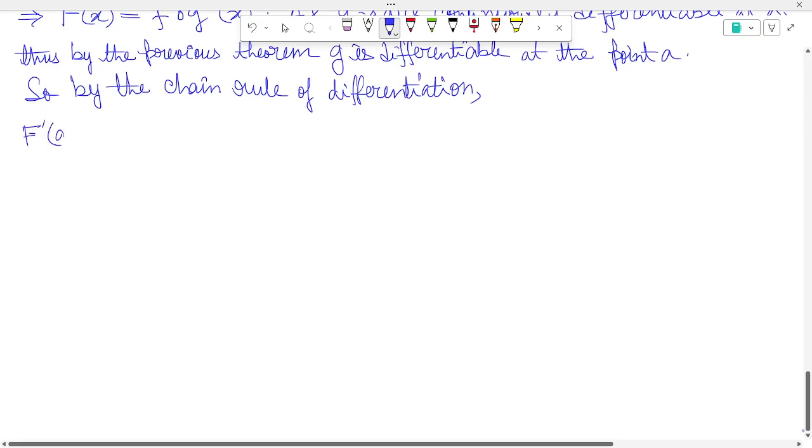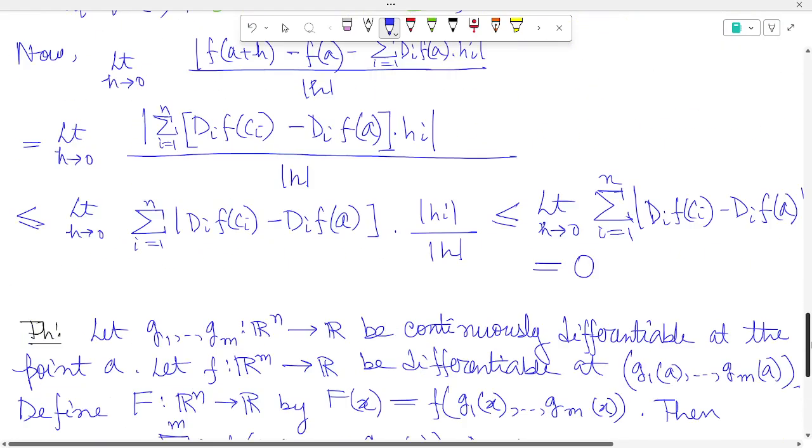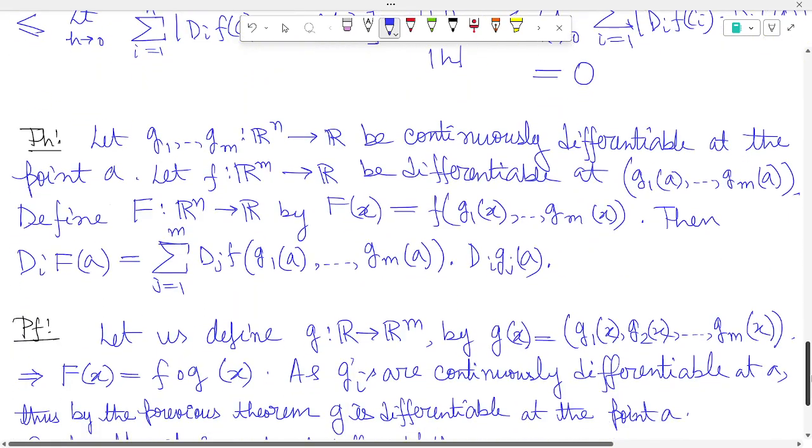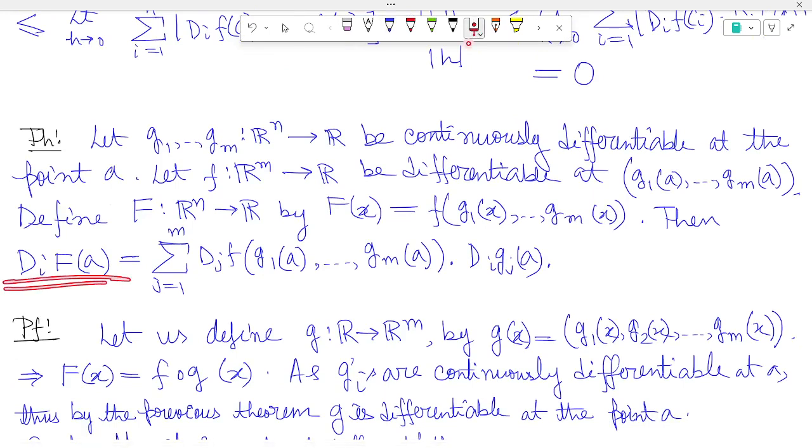This is some entry of the Jacobian matrix of differentiation of A. So unless we determine f dash A, we cannot say what this actually is.